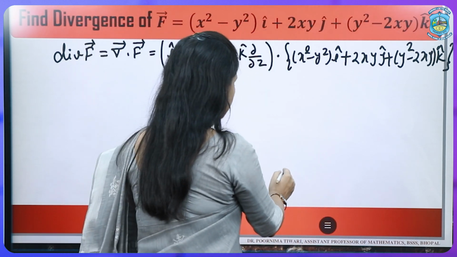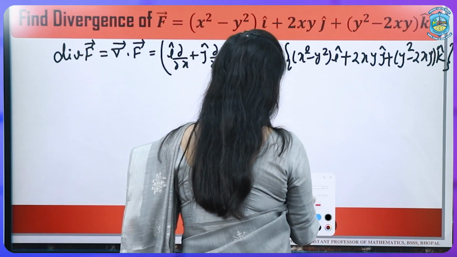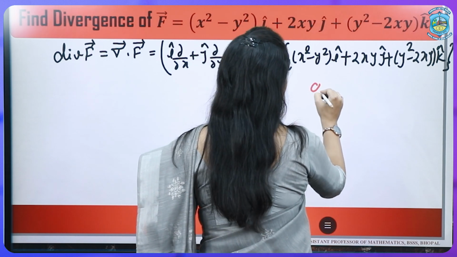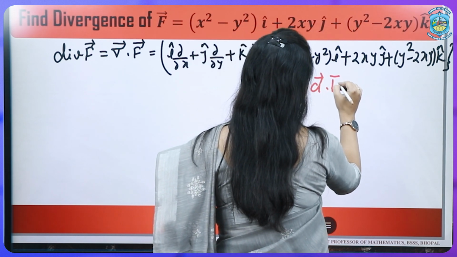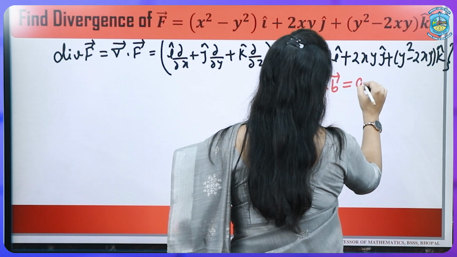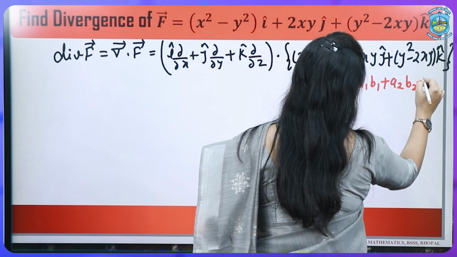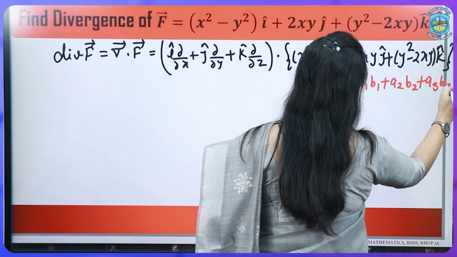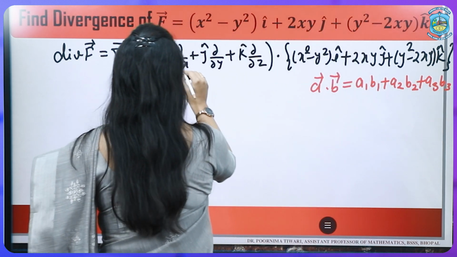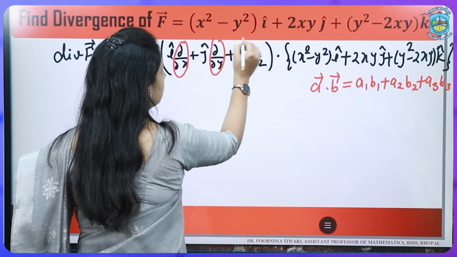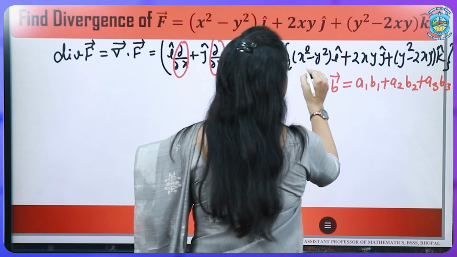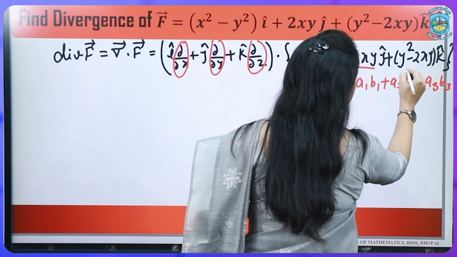Now, to take dot product, we will use the formula: dot product of vector A with B is A1 B1 plus A2 B2 plus A3 B3. So, this is our A1, A2, A3, this is our B1, B2, B3.